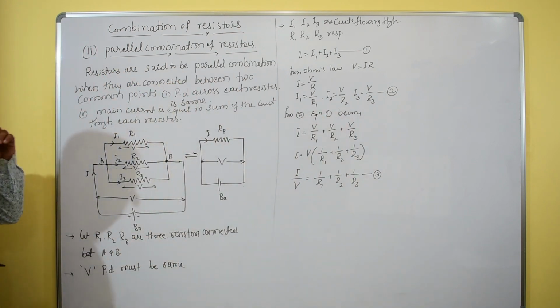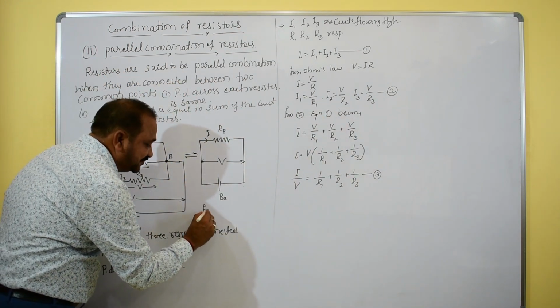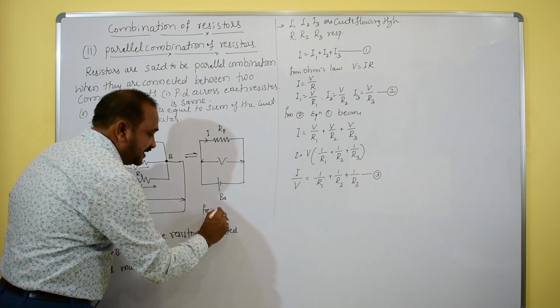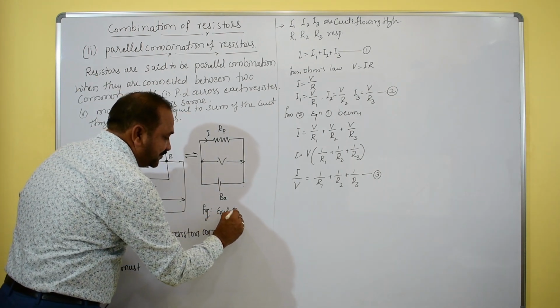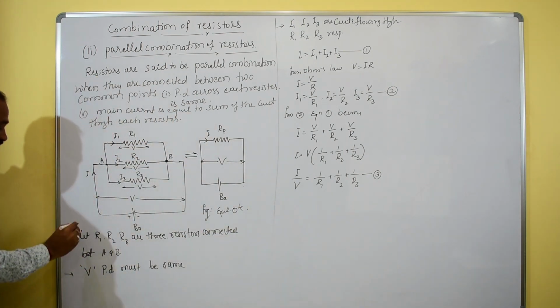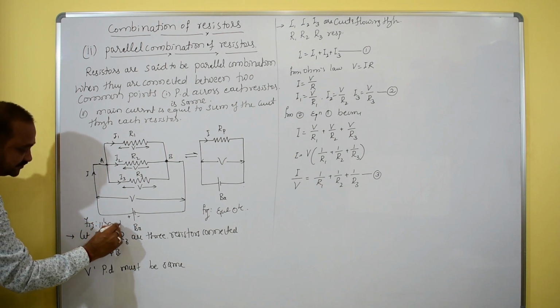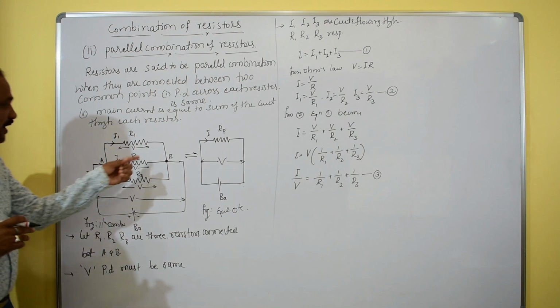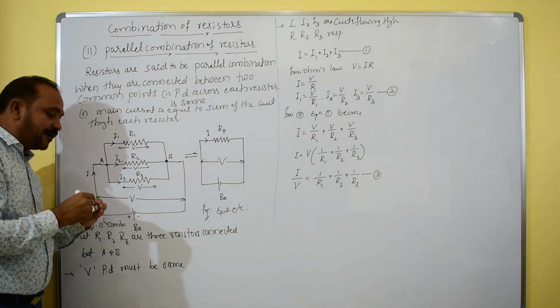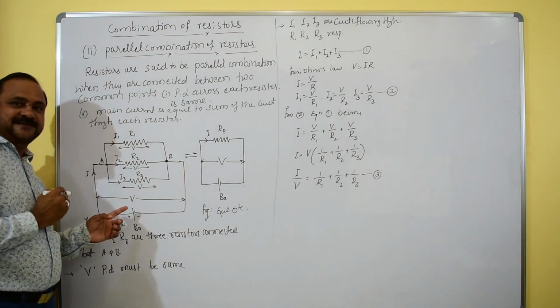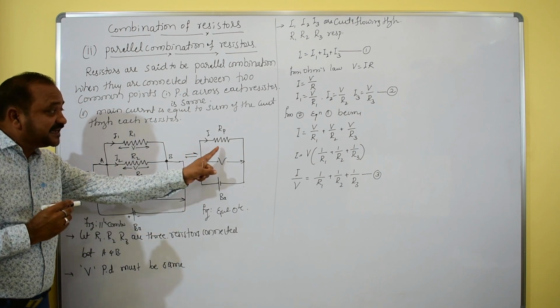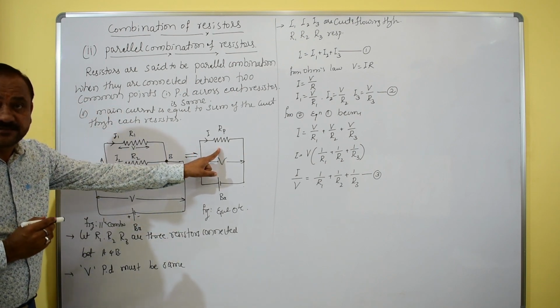Again, this is the equivalent circuit for the parallel combination of resistors. Whatever effect is taking place for all these 3 resistors, the same effect is taking place for this single resistor.